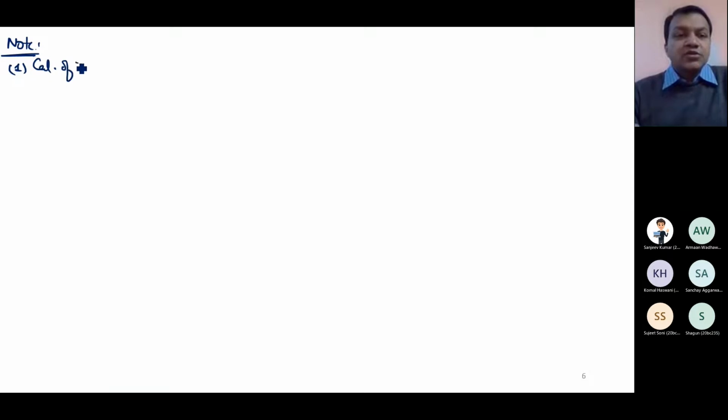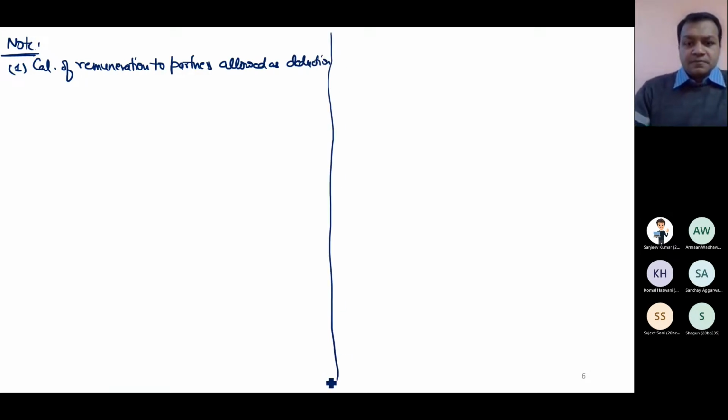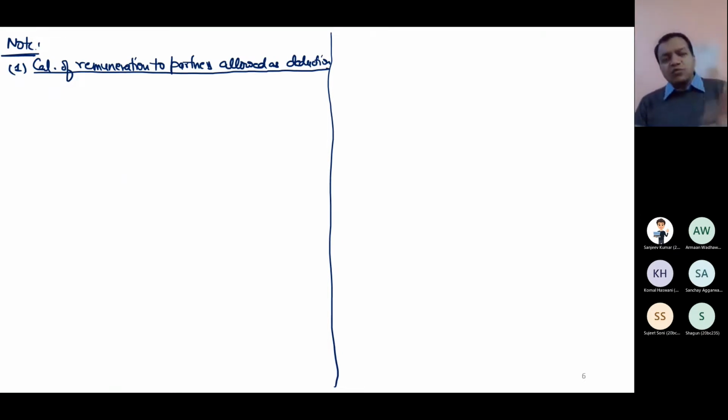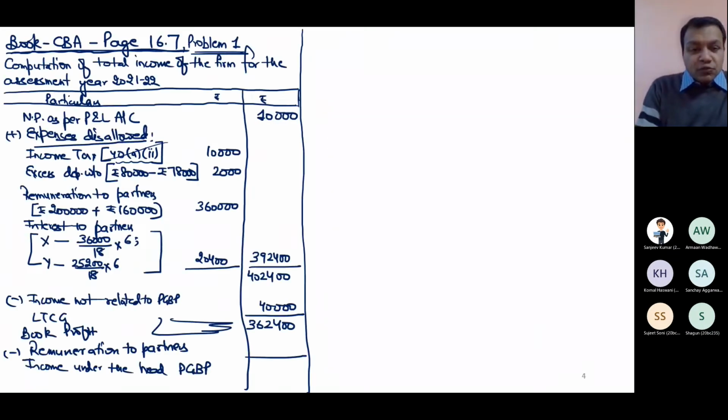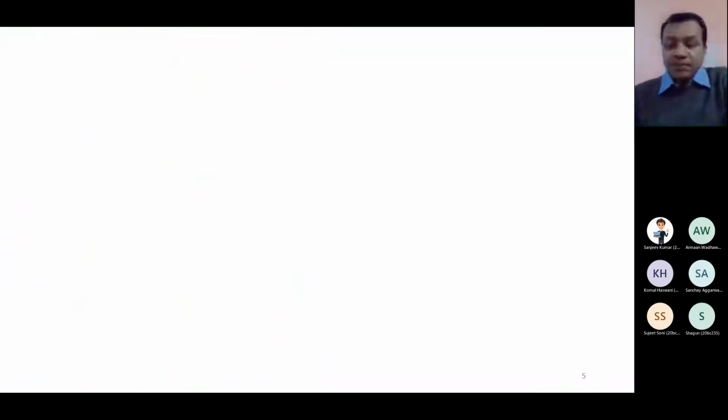Calculation of remuneration to partners allowed as deduction. Now what is the rule? If nothing is mentioned, I will assume that these are working partners. That is the default assumption. So you have to assume these are working partners. Then on first 3 lakh of the book profit, now total book profit is 362,400.